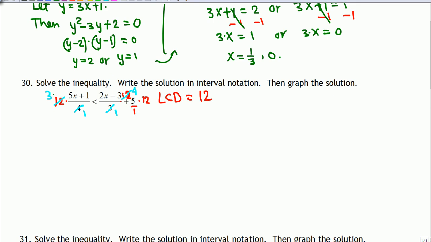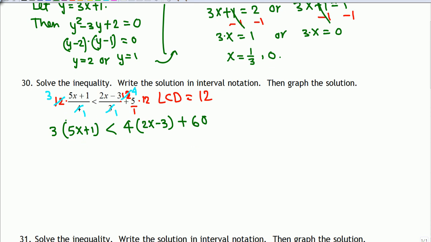So we have 3(5x + 1) is less than 4(2x − 3) + 5 times 12, and 12 times 5 is 60. Now we don't have fractions anymore.